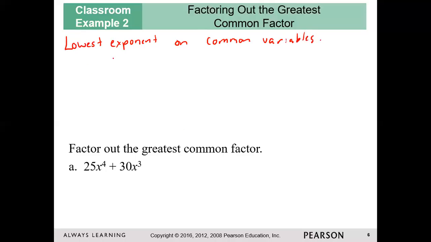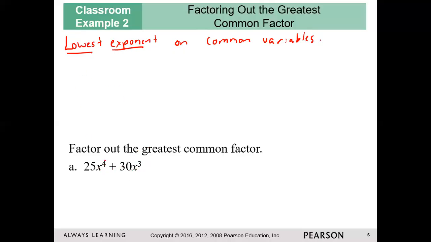So it's your lowest exponent on common variables that's going to be part of your GCF. When you have variables involved, it's usually pretty straightforward. You just look at, all right, I have an x here and I have an x here. Well, I have an x to the 4th and an x to the 3rd. It's always the smallest exponent that's going to be part of the GCF, okay?